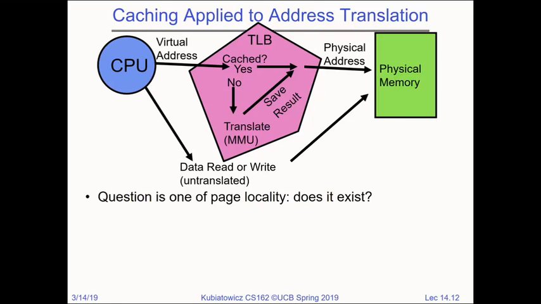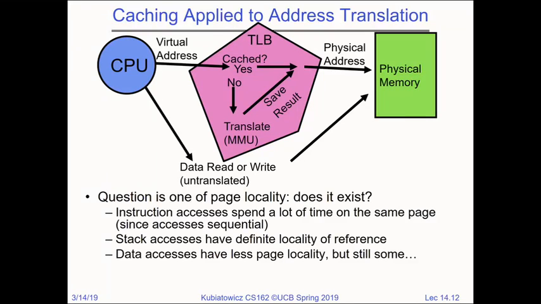Okay, so you want to use the kernel; generalize that away from the kernel into what is it we're talking about? Probably instructions. Great. The PC goes, and loops, right? So there's a lot of locality in instructions. Instruction accesses spend a lot of time on the same page. Stack accesses, definitely on the same page, right?